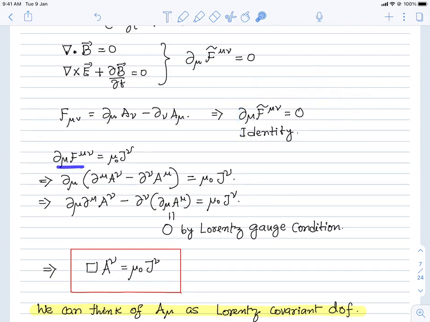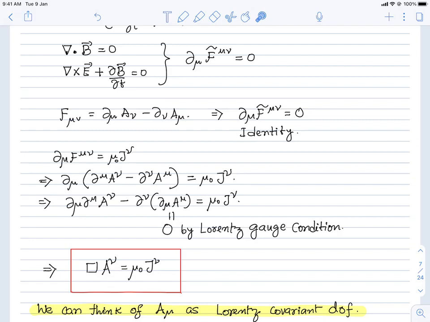If we write down this object, ∂_μ F^{μν}, in terms of the 4-vector potential, there is a term which becomes the D'Alembertian acting on all the components of the gauge field, and then there's this other term, where the μ derivative can be taken inside, giving ∂_μ A^μ, the 4-divergence of the 4-potential.